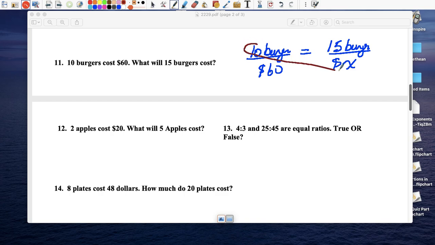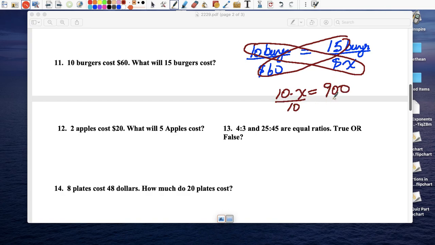So 10 times x is 10x. 60 times 15 is 900. Then we divide by 10, x equals 90. So our answer, 15 burgers, how much is going to be? $90.